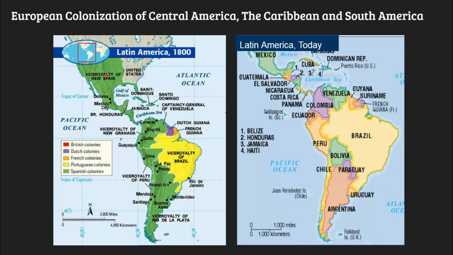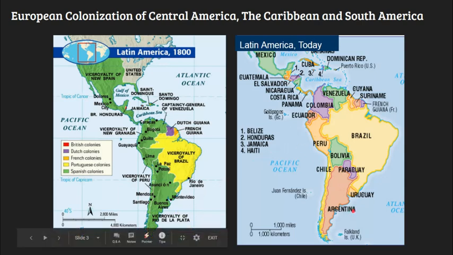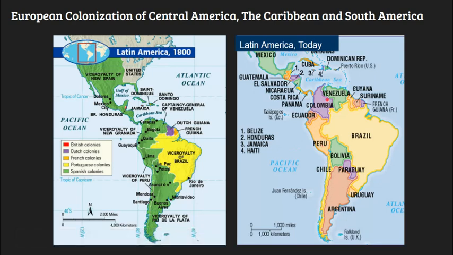This part up here is North America. Back then, though, the Spanish colonies had all of this area, and as you see, compared to present day Central America and South America, the green that was over here by the Spanish colonies is divided between these countries here in South America.